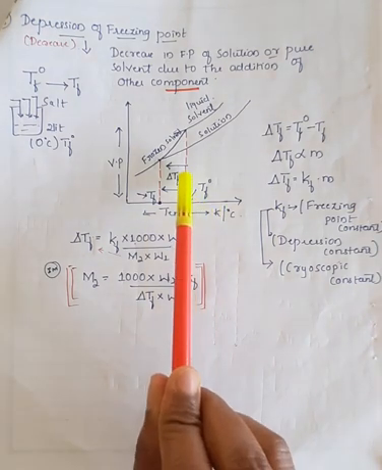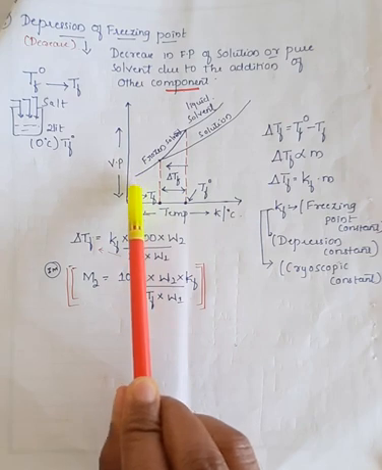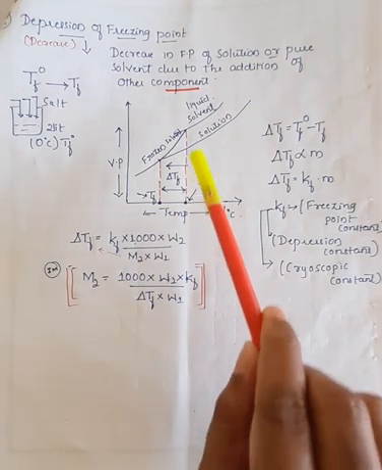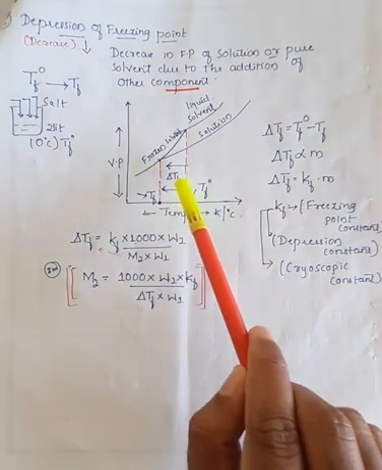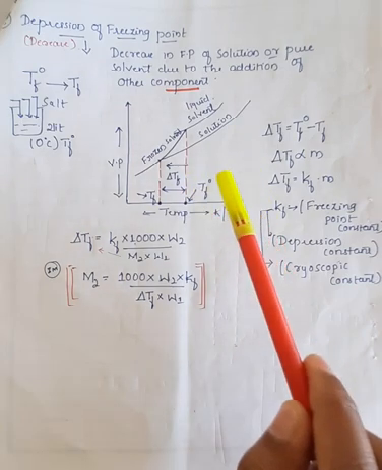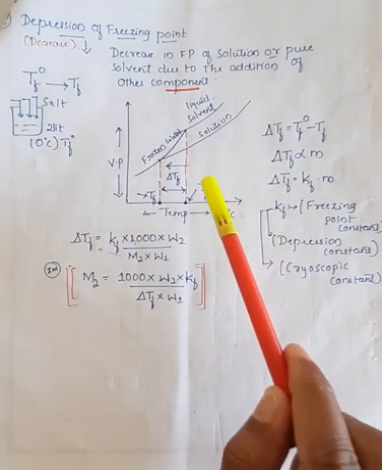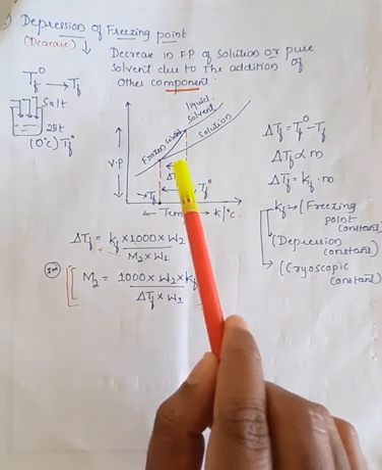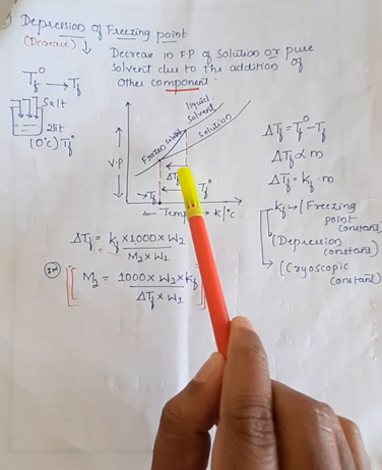Therefore, this red line has shifted to the left-hand side. In case of elevation in boiling point, the red line was shifted to the right-hand side, that you have already observed. If not, go back to the last graphical representation, in that you can see. So here in this case what happened?